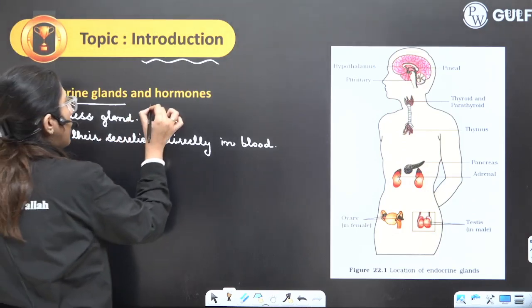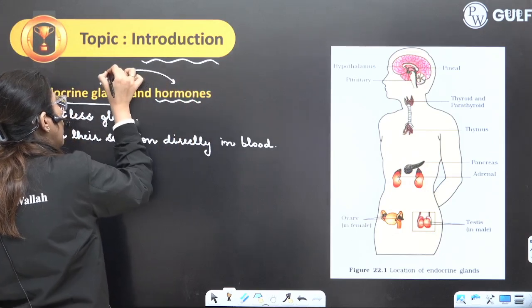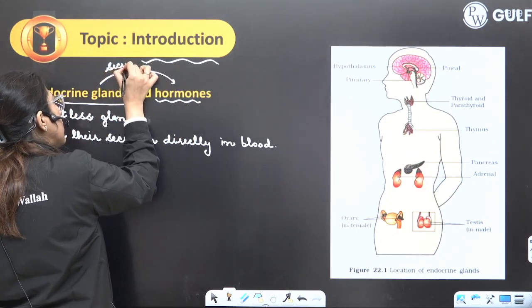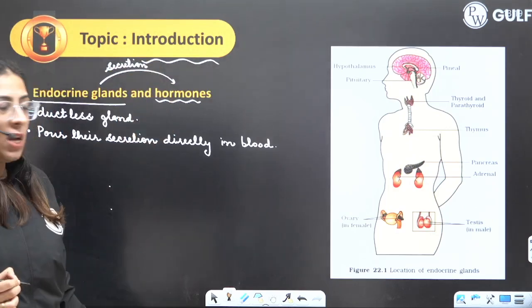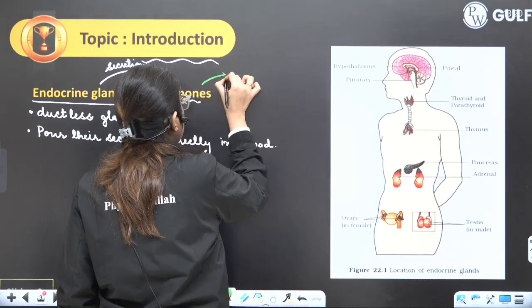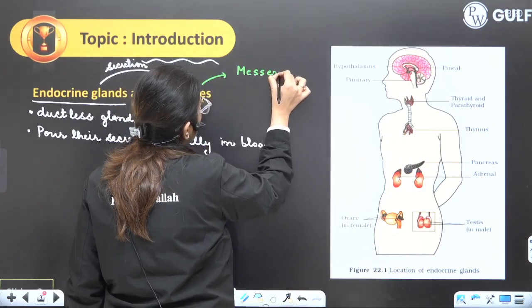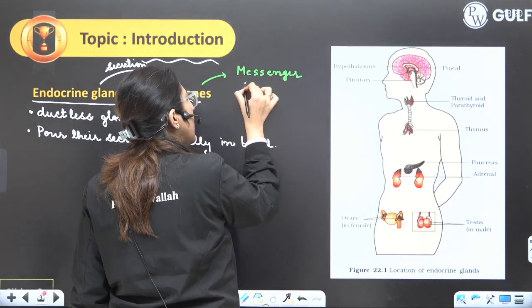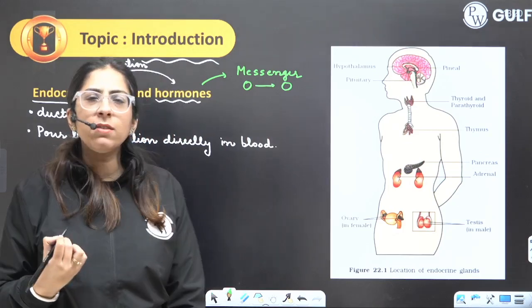Now let's talk about the hormones. Hormones are the secretion. So the secretion has a name, which is the hormone. The first thing you have to understand is they act as a messenger. One cell communicates with another cell with the help of these hormones.